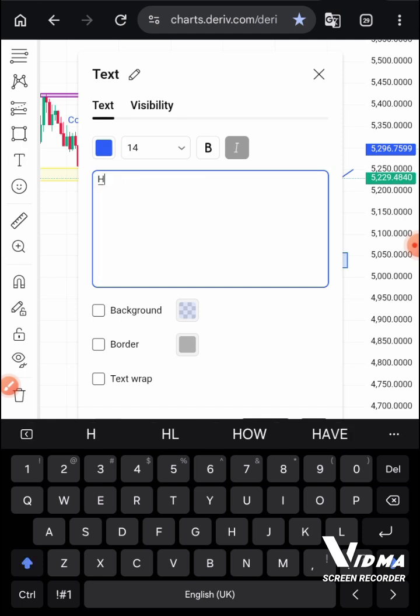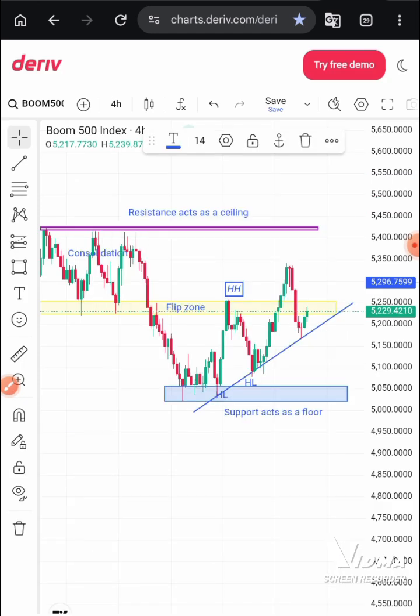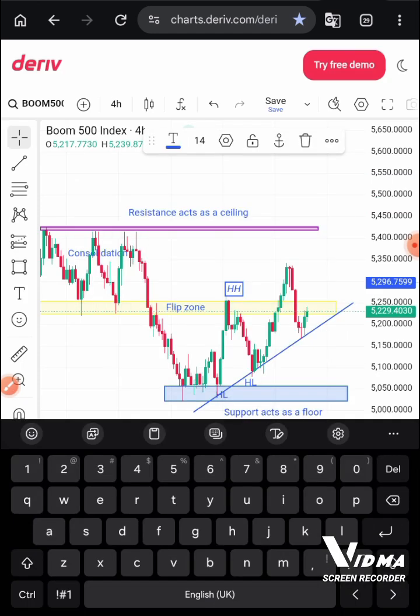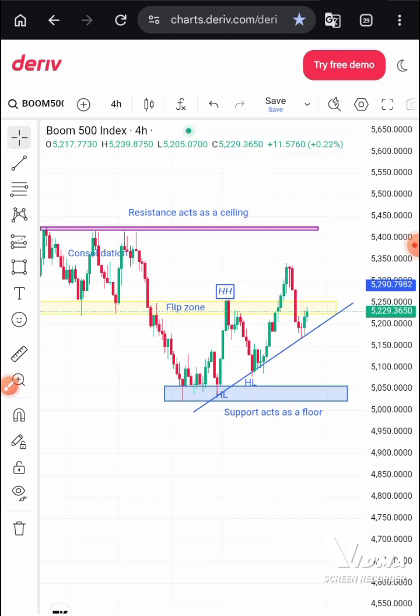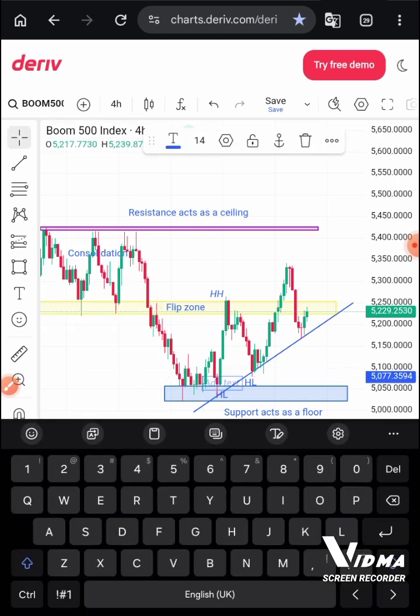It's supposed to be higher high. Now it's in italics, isn't it? For its own personal reasons. Okay. Then here I've also got another higher high. So you select your text tool. I want to add my text here.